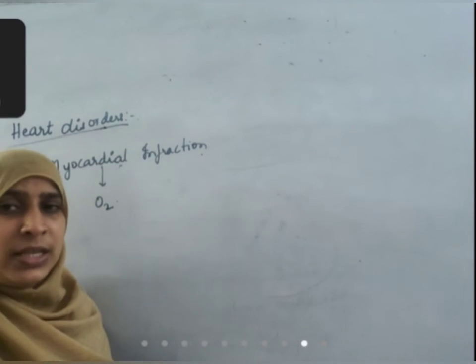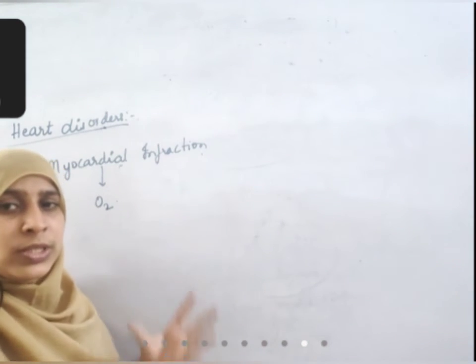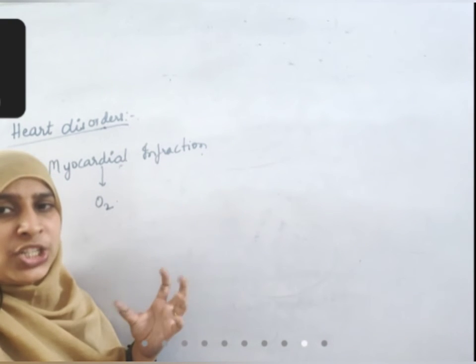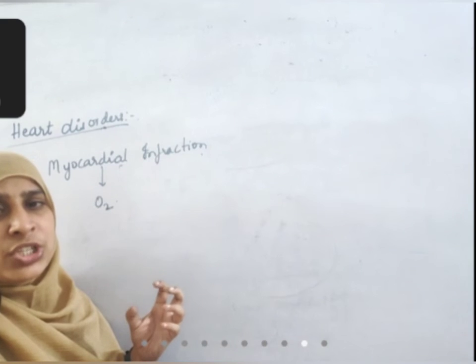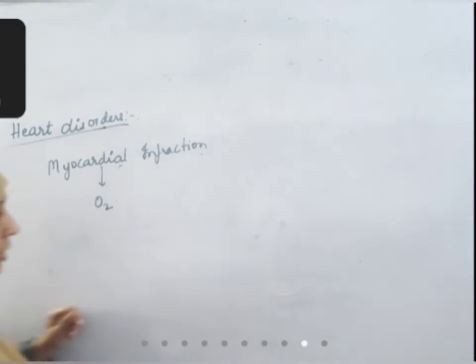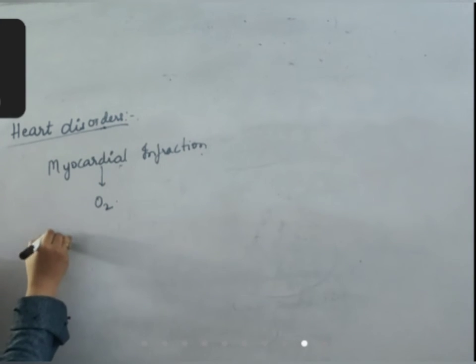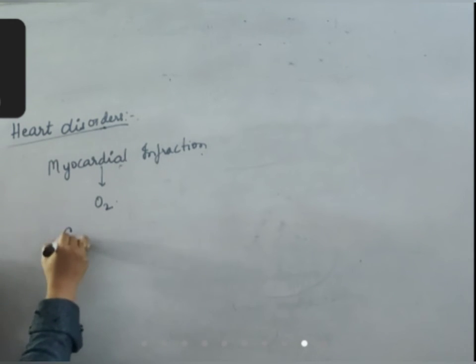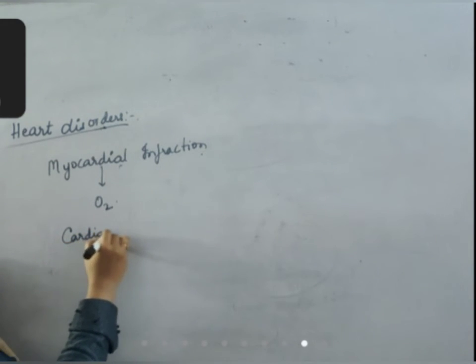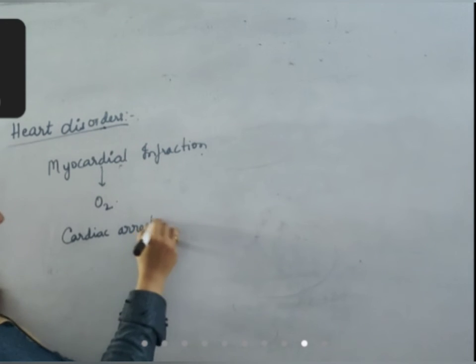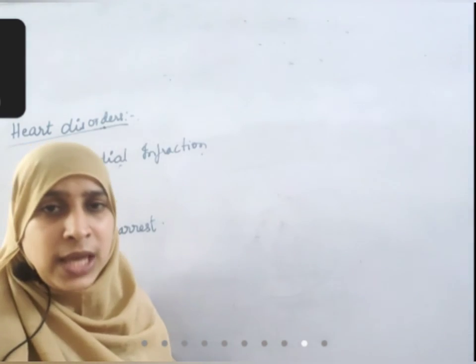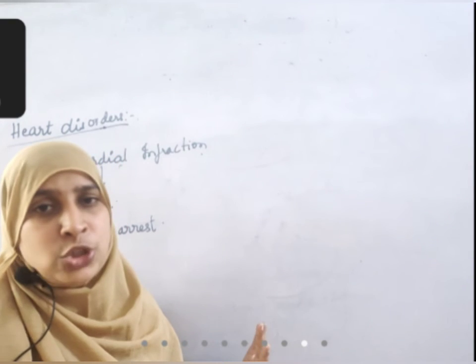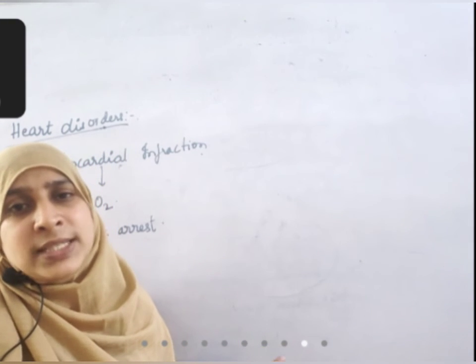So if any muscle is not getting sufficient amount of oxygen, its contraction and relaxation will slow down. When contraction and relaxation slow down at once, it may lead even to cardiac arrest. Cardiac arrest is when oxygen supply is completely stopped for the heart. At that time, the heart will completely stop beating and it is called cardiac arrest.